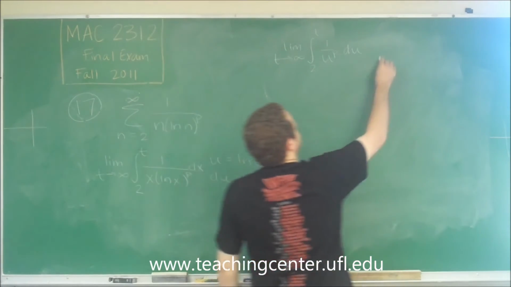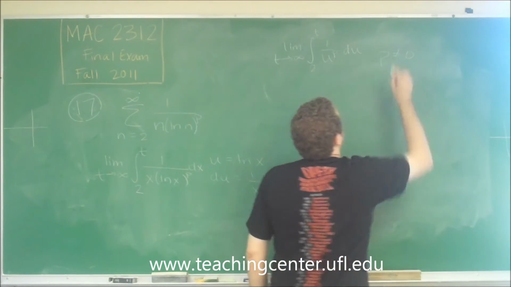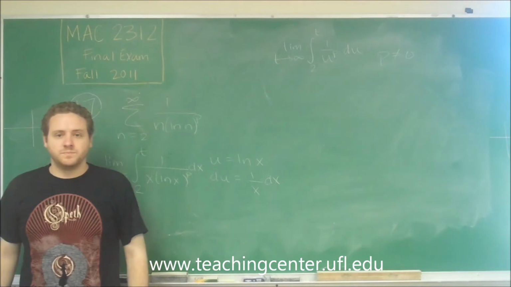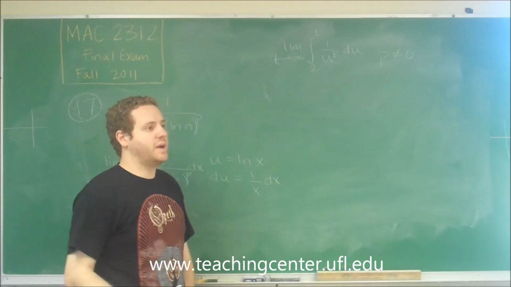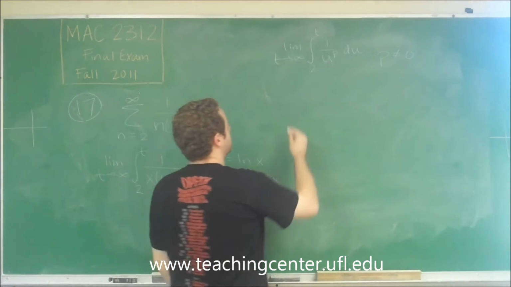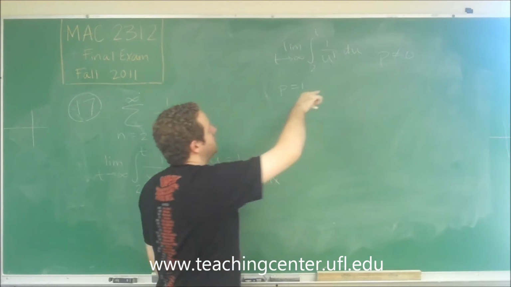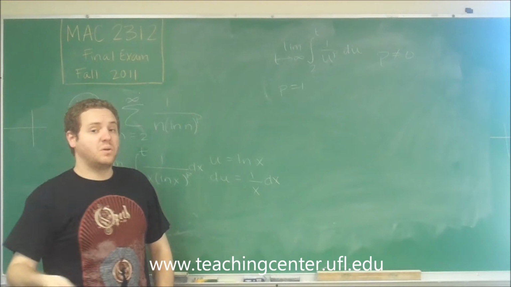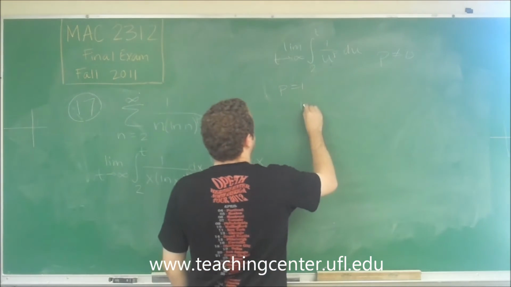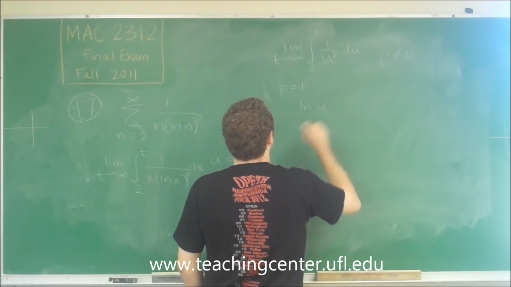So we have an infinite answer with p equals 0. So p equals 0 would definitely not work. So let's try with p equals 1. If p equals 1, then we just have 1 over u. The antiderivative of 1 over u is ln u.